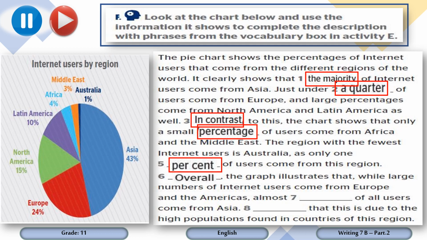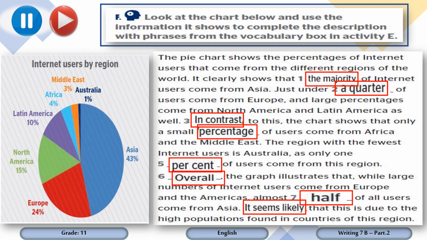Number 6. Overall, fantastic. We can also use in conclusion or to summarize. Overall, the graph illustrates that while large numbers of the internet users come from Europe and the Americas, almost, excellent, half of all users come from Asia.